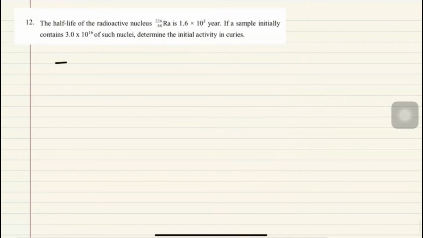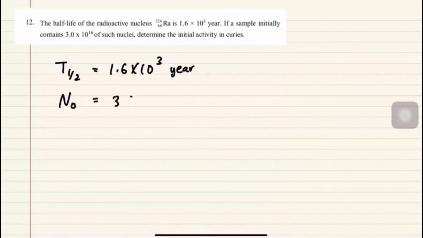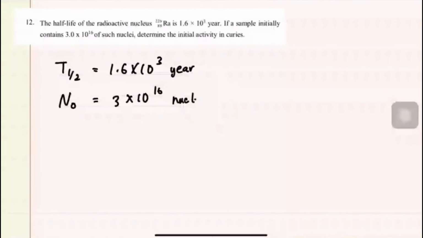T half is equal to 1.6 times 10 to the power of 3 year. Initially, sample contains 3 times 10 to the power of 16 nuclei, sebab dia nuklear kan, not sebab dia initial. So 3 times 10 to the power of 16 nuclei determine the initial activities in Curies.